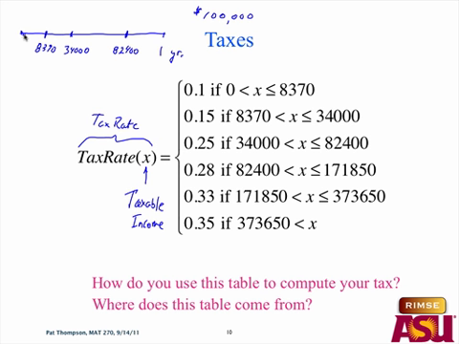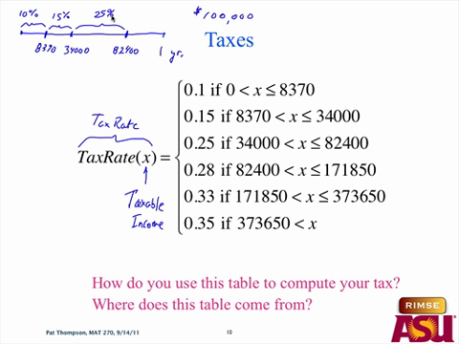So at the beginning of the year, when you made your first dollars up to 8,370, those dollars get taxed at what rate? 10%. But as soon as you make the next dollar after 8,370, all those dollars are taxed at 15%. After 34,000 up to 82, the dollars you made through the middle of the year, 25%.